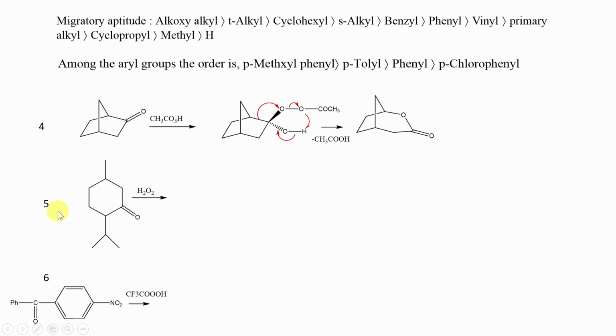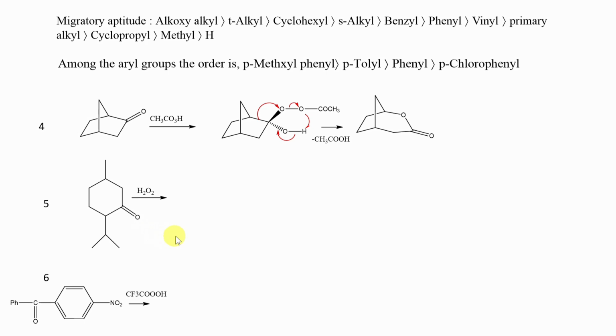See the next example. Here hydrogen peroxide, usually in presence of a base, is used instead of per acid. We can use hydrogen peroxide in presence of a base. For example, in this cyclic ketone, first of all, a hydrogen atom from hydrogen peroxide is captured by this oxygen as in the previous case, and then alkyl shift takes place.